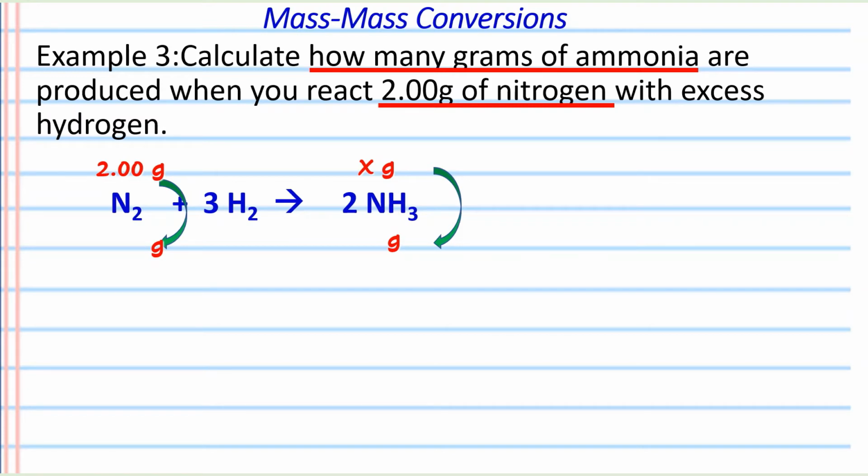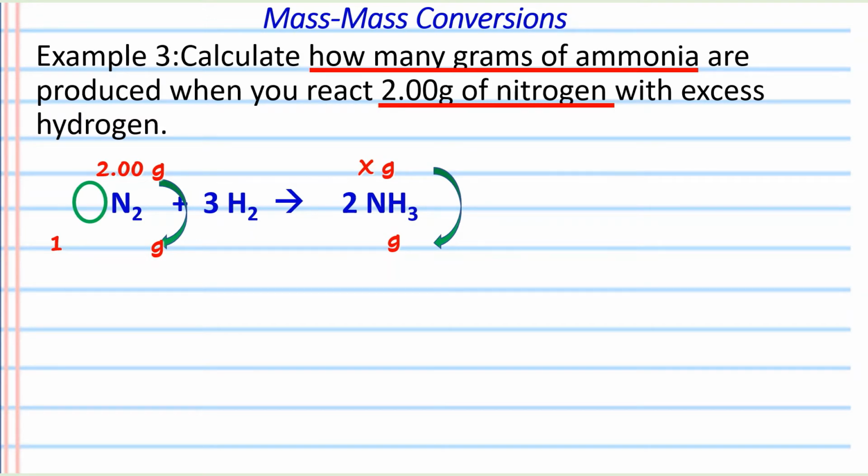The next step was to take the information from the balanced equation and put that underneath the equation. So when we look at the N2, there is no coefficient, so it's understood to be 1. We always want to bring the coefficient down. But in this case, we need to know the number of grams. So we can't just bring the 1 down. We also need to find the molar mass of N2.